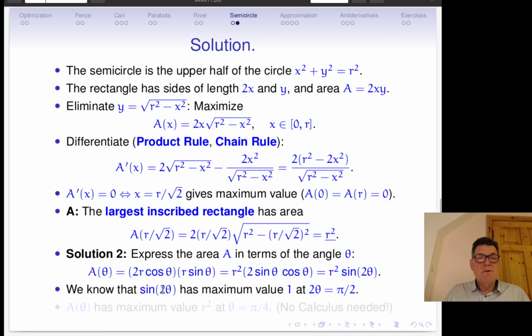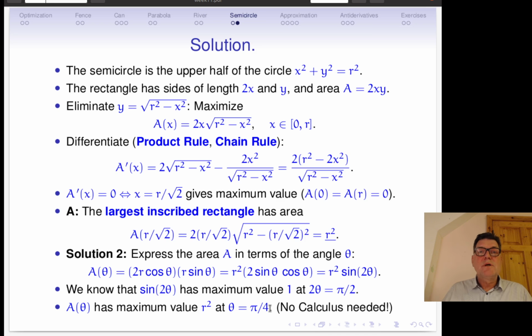So here the argument is 2 theta, so we find that the area described in terms of theta has maximum value r squared when theta is pi over 4, and there's no need for calculus at all in this variant of the solution.